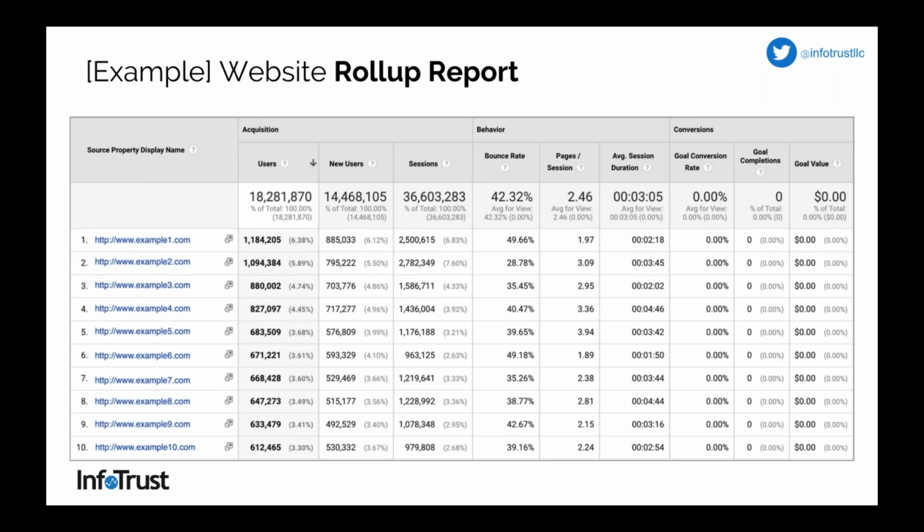All of those different URLs are going to be logged in here, so it gets very confusing in the report, and you have to do some custom dimension and filter work to make everything look this nice. Whereas in this case, you really didn't have to do anything. You just had to get a rollup property created by Google and then select the properties that you wanted to include in here.